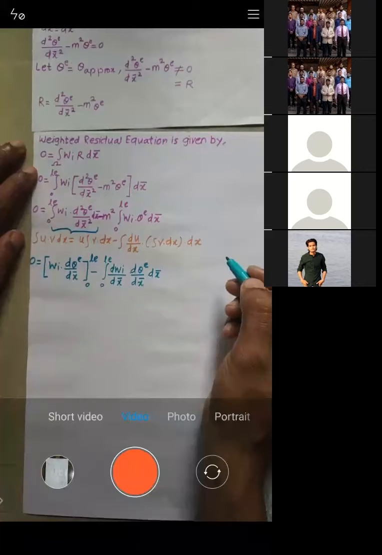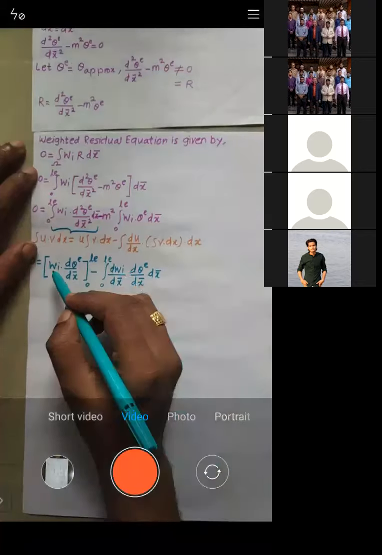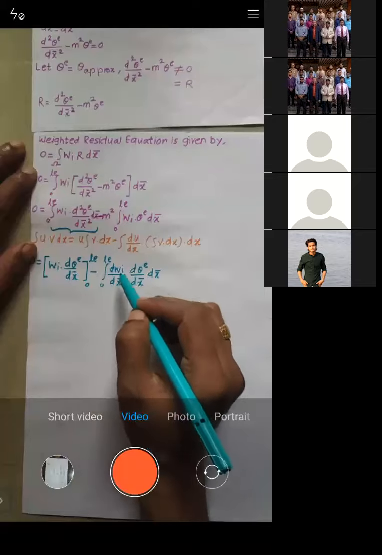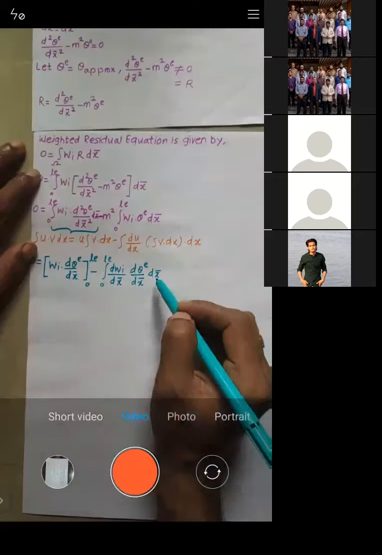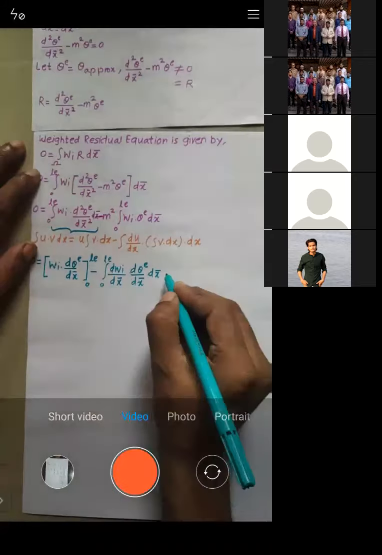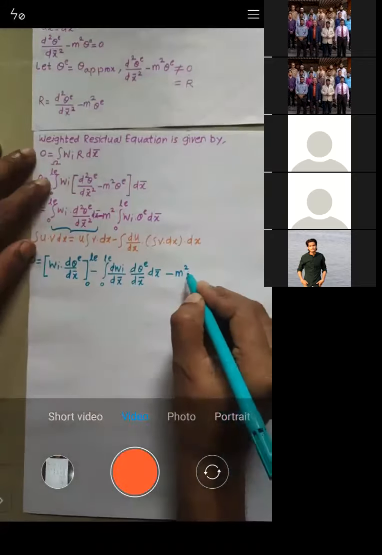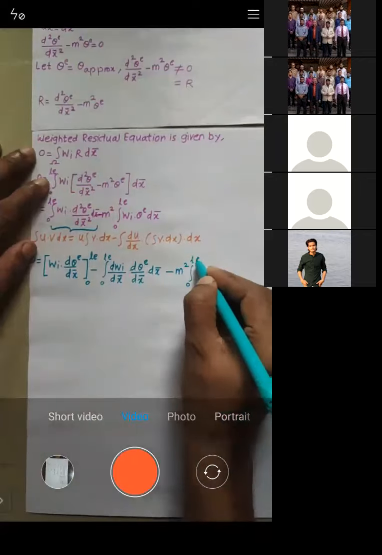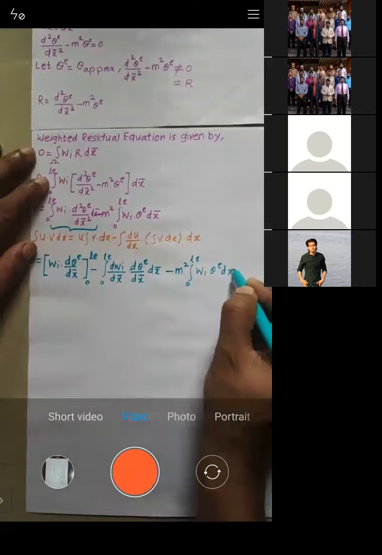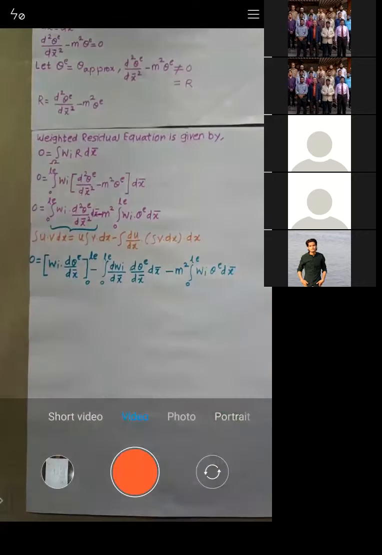First into integration of second minus integration of derivative of first, integration of second dx. Minus, the second term I will write down as it is, minus m square 0 to LE wi into theta e into dx bar.